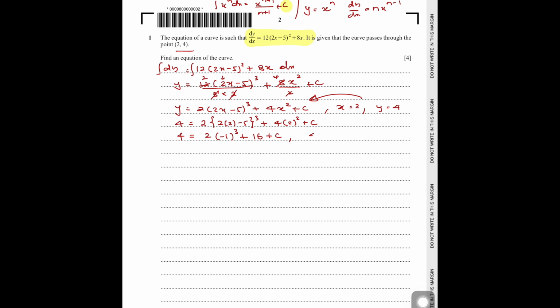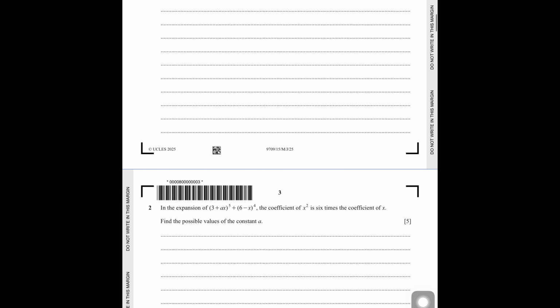So 4 = negative 2 + 16 + c. So 4 = 14 + c. Send it to the other side. c is 4 minus 14, so that's negative 10. I substitute it back into the original equation, to substitute the value of c there, so y = 2(2x - 5)^3 + 4x^2 - 10.